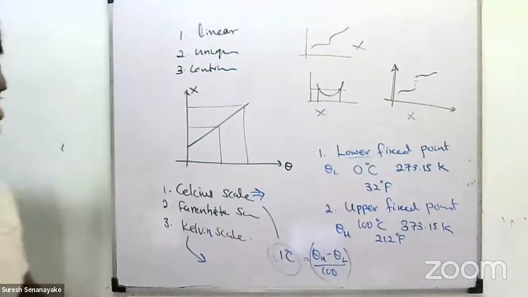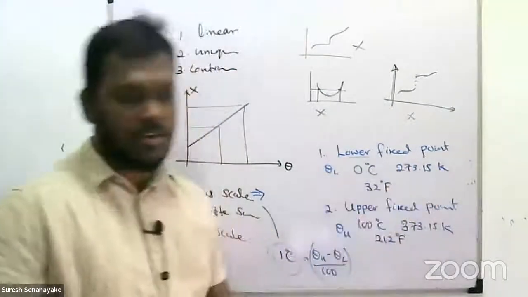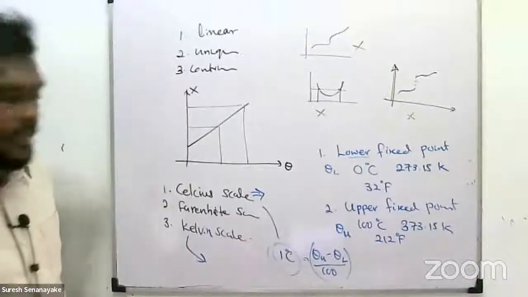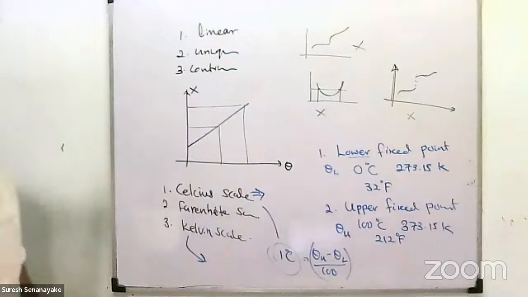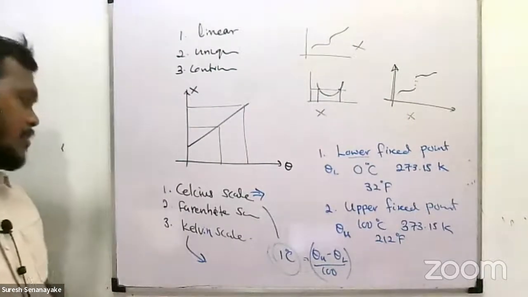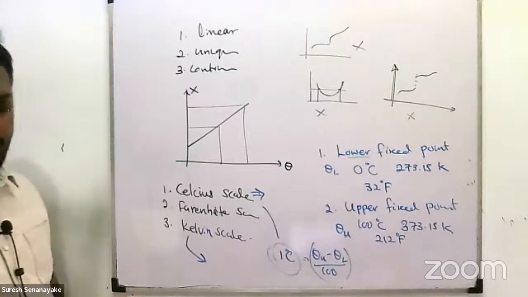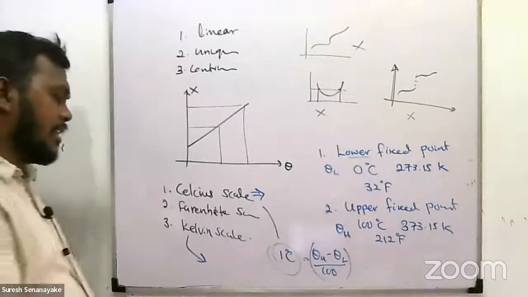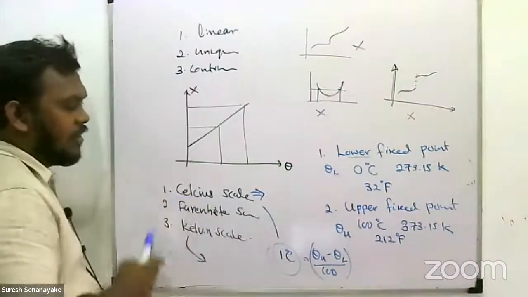Right? Absolute means that 0 Celsius is equal to 273 Kelvin, because the Kelvin scale does not start at Celsius 0; they do not coincide. So 0 Kelvin is minus 273.15 Celsius. Right? So that is how the Kelvin scale is defined. Then Fahrenheit is a totally different thing.